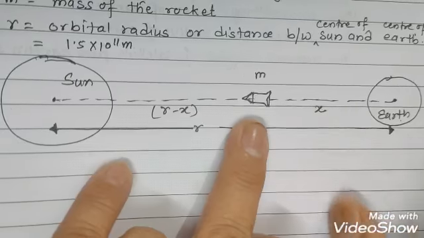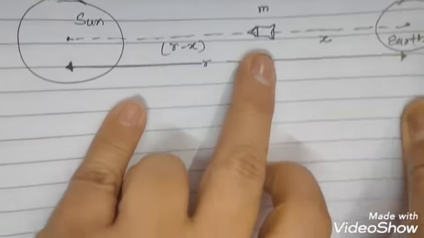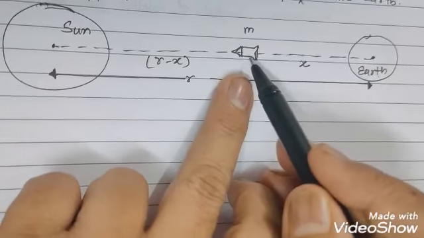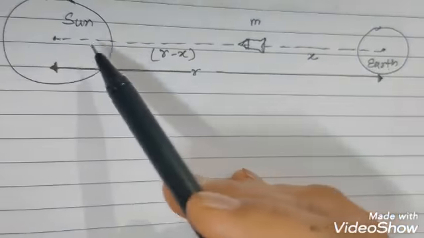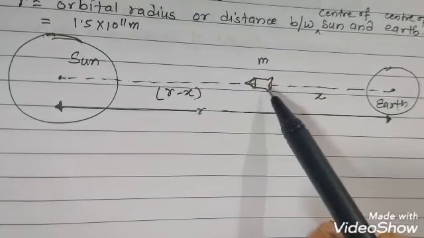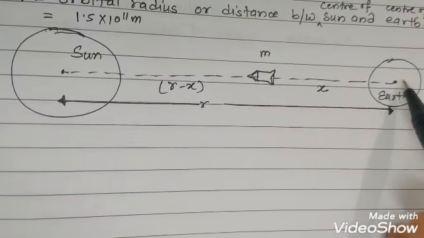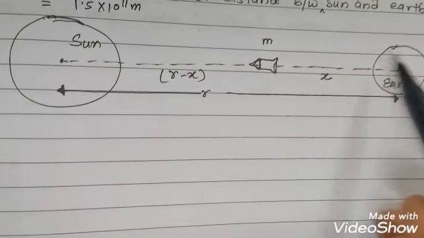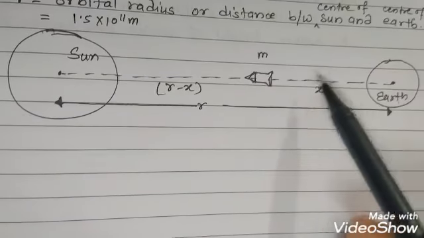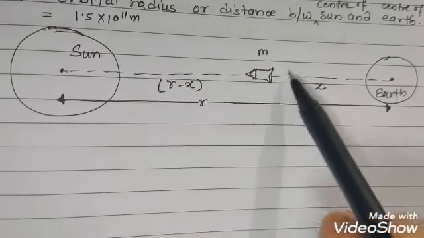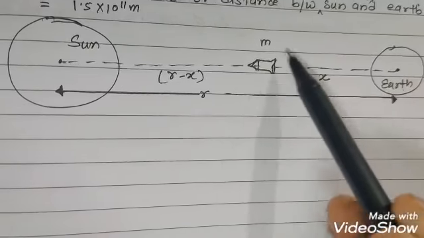That means simply this is the null point. Whatever force is applied by the sun on the rocket is equal to the force applied by the earth on the rocket. They balance each other, and in that case the rocket will be at the null point.